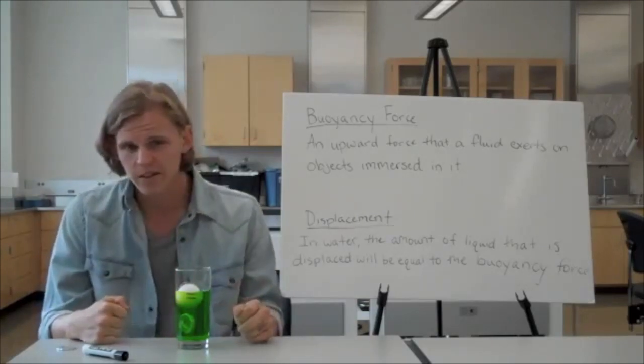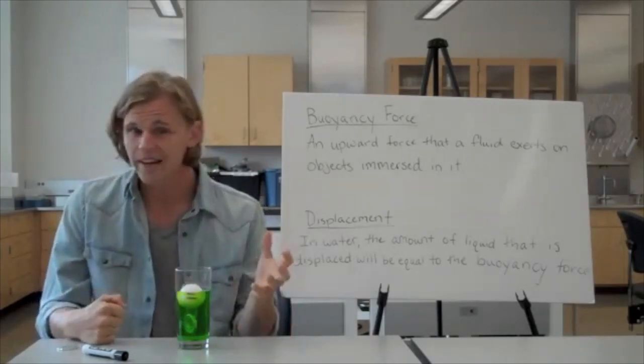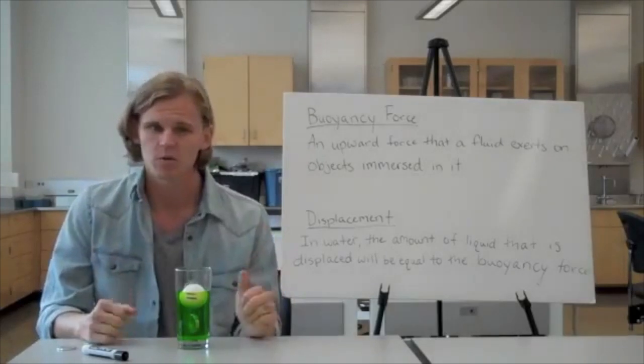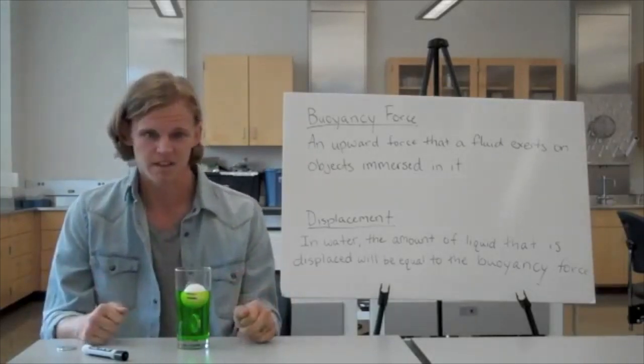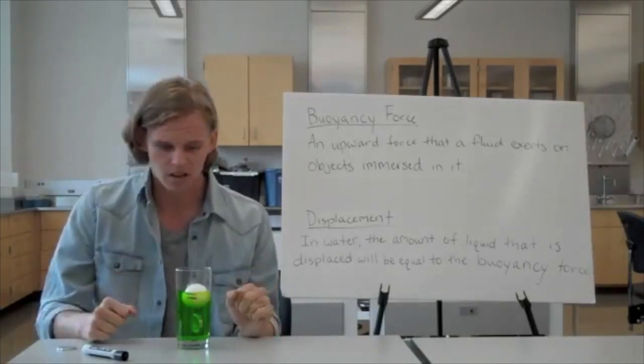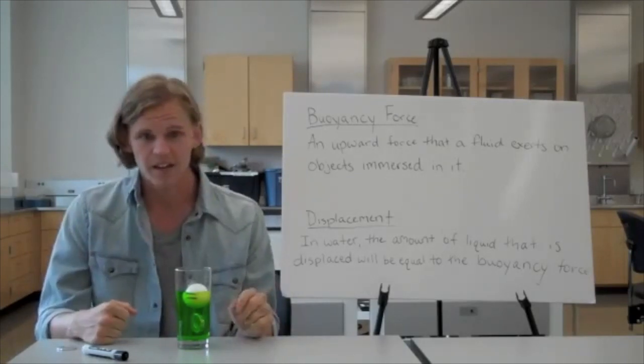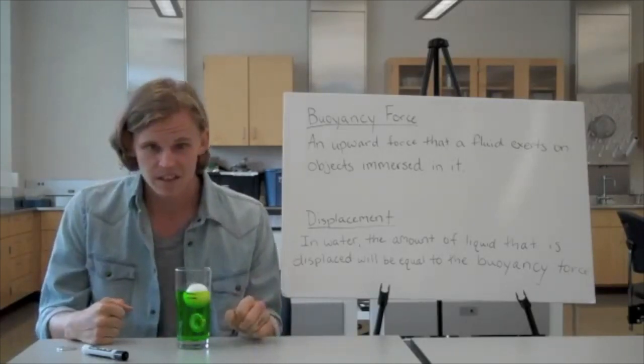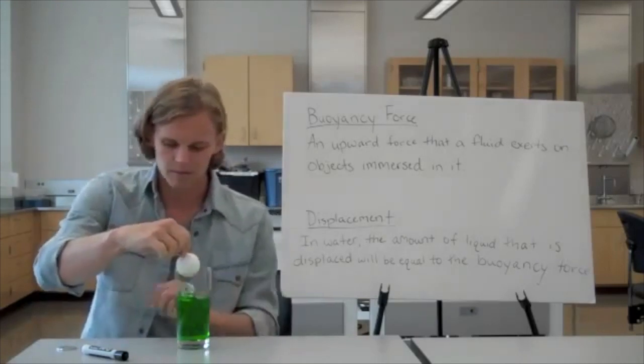This supports the theory that the buoyancy force, again, that upward force, is equal to the amount of water that is displaced. Last, I'm going to mark our glass again and add another washer. As you can see, the water is raised by an equal amount.